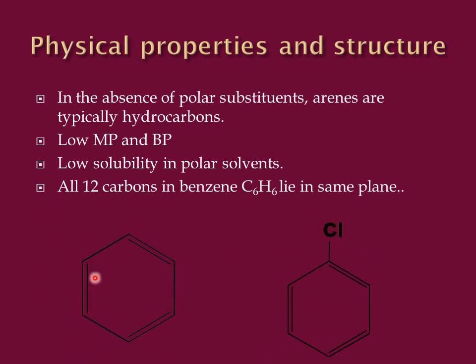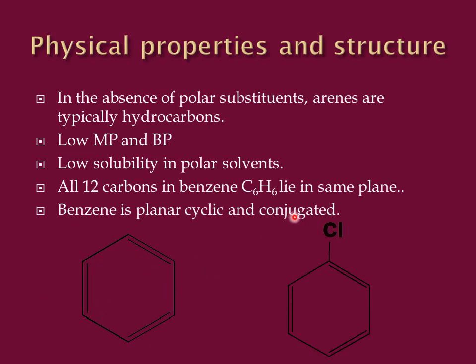Because each carbon atom is sp2 hybridized and makes a trigonal planar geometry. So benzene on the whole is also a planar structure. And you can see the presence of 3 double bonds which are alternating with the single bonds. Therefore, you can also observe the phenomenon of conjugation.